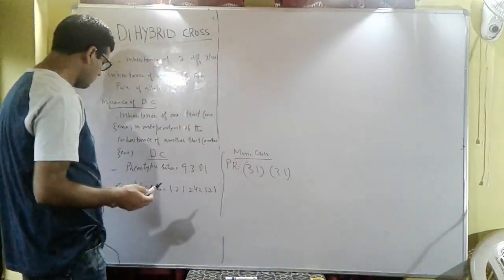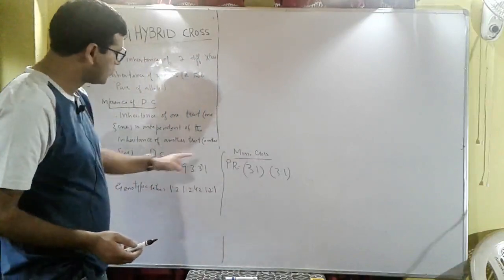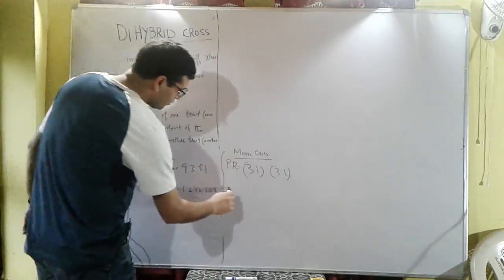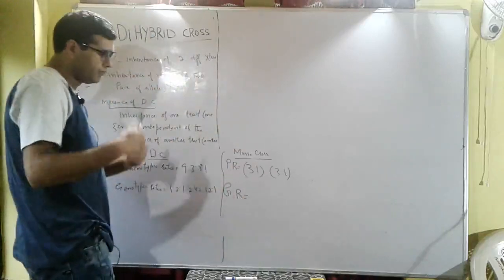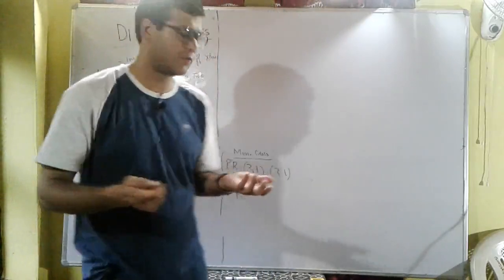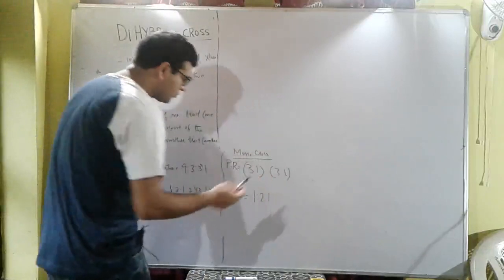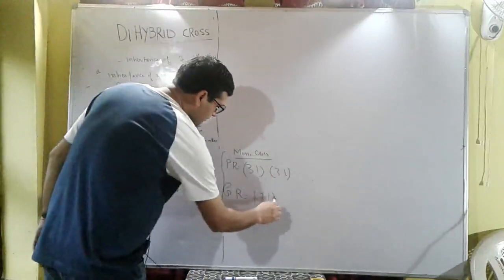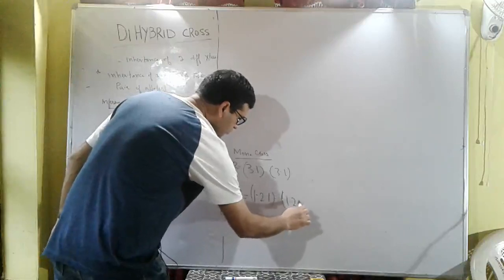Same is the case. We can calculate the genotypic ratio in case of dihybrid cross from the genotypic ratio of monohybrid cross. We know that the genotypic ratio in case of monohybrid cross is 1:2:1. It is easy to remember, 1:2:1. So in case of dihybrid cross, it would be like this: 1:2:1.